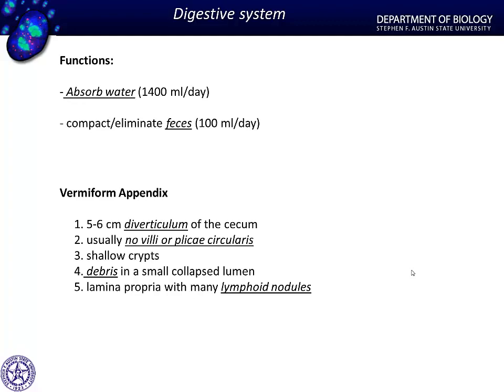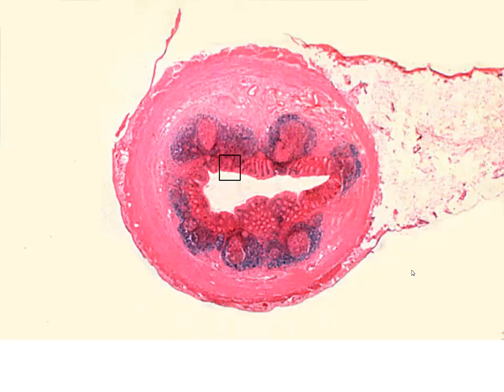And so if you look at the lymphoid nodules and let that be somewhat of a guide to you as far as the scale with which you're looking at, you can see that we've got 1, 2, maybe 3 or 4 lymphoid nodules, and that's pretty much the diameter of the lumen that we see here. In Peyer's patches, we had many, many more than that extending across the lumen. So we know that this is a fairly small structure as far as luminal diameter.